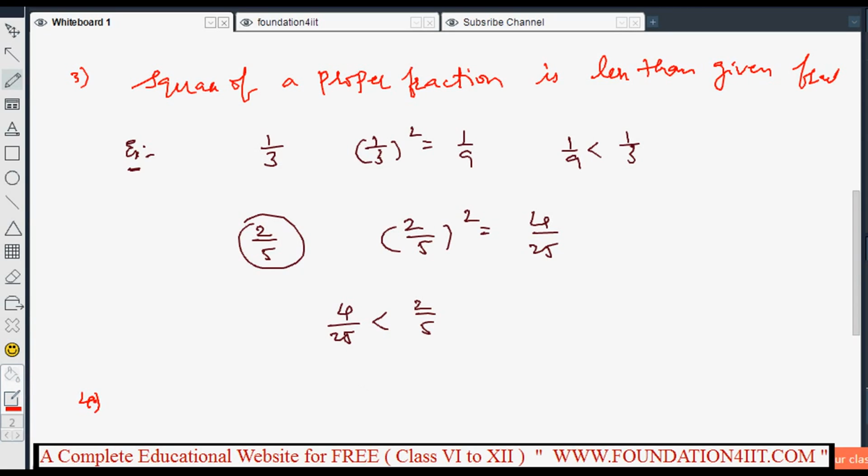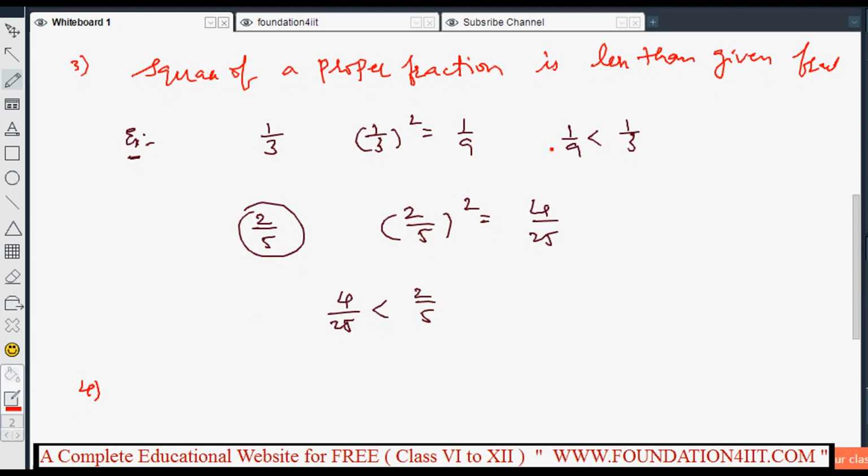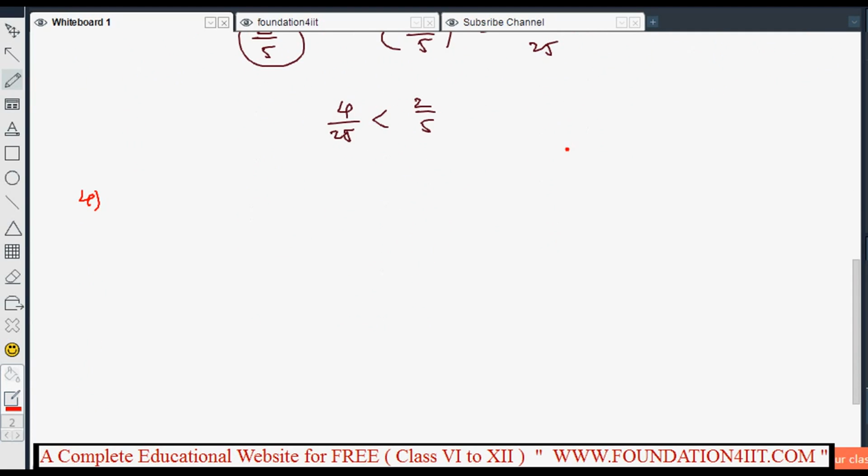Fine. Now the fourth one, we come to decimals. Similar to the rule for proper fractions, the square of a decimal fraction less than 1 is smaller than the given decimal.